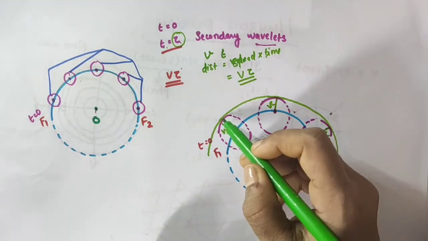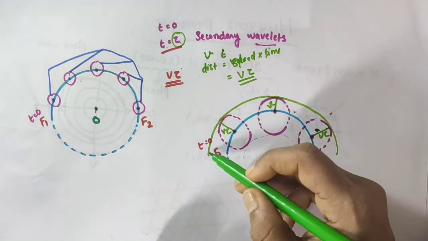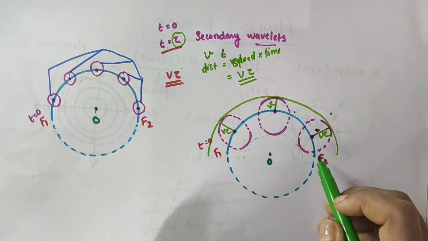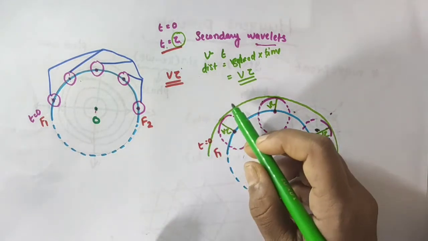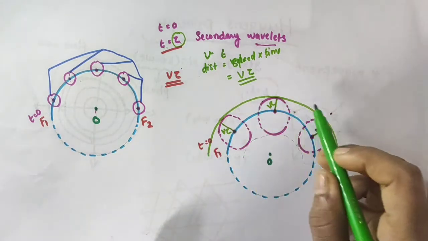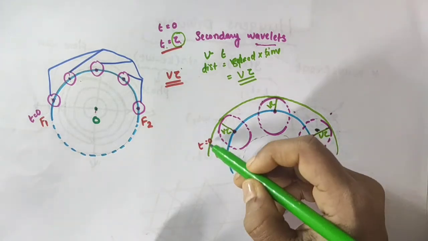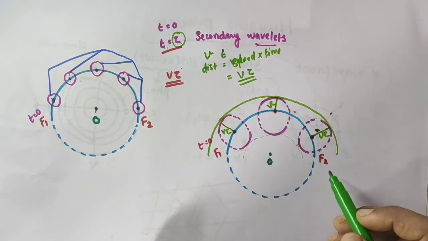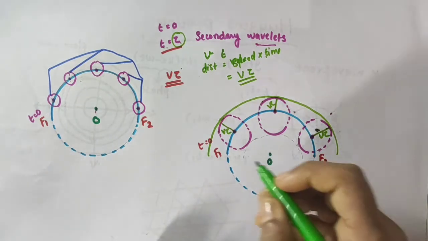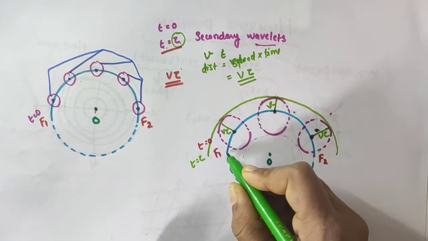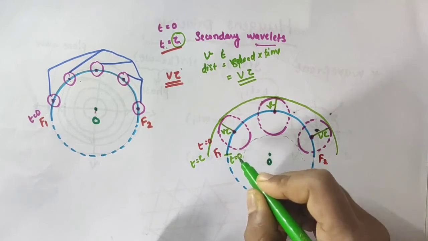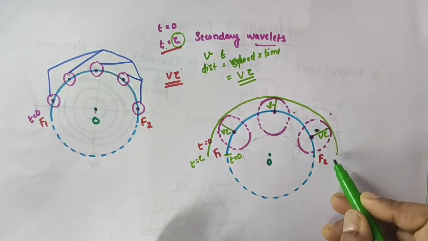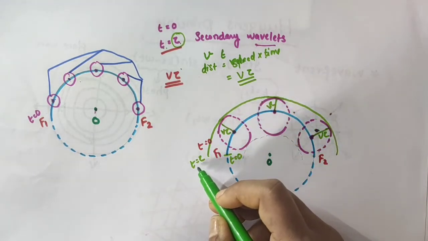When we draw the tangent and join them, it will look like this. So, when we draw the common tangent to all these spheres, we obtain a new position. This green one is the new position of the wavefront at t equal to tau, and this is the position of the wavefront at t equal to 0.